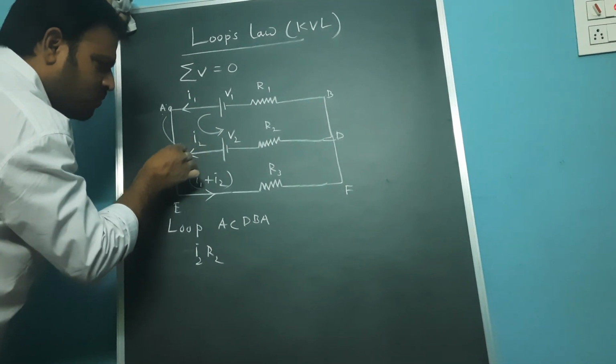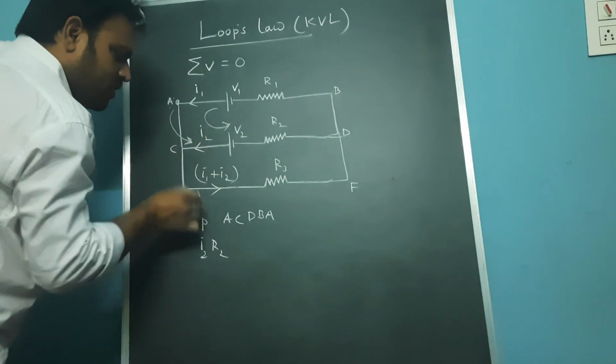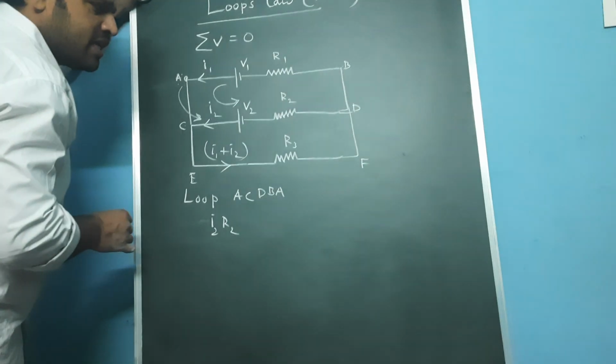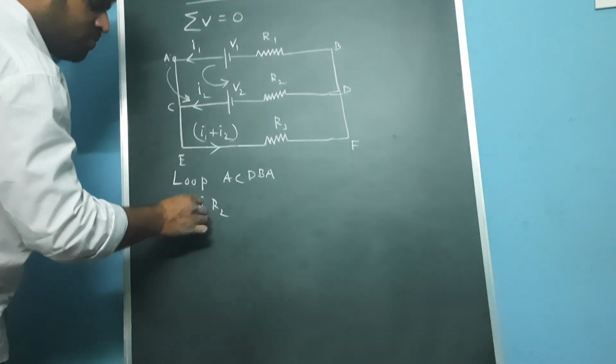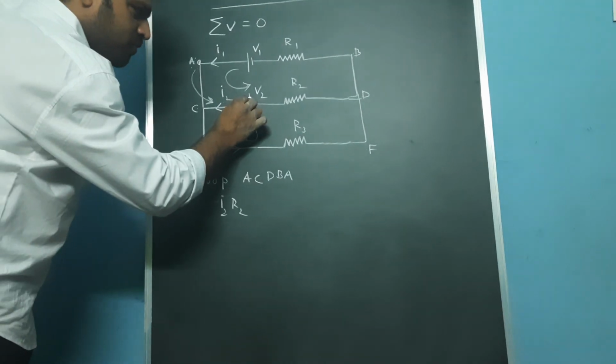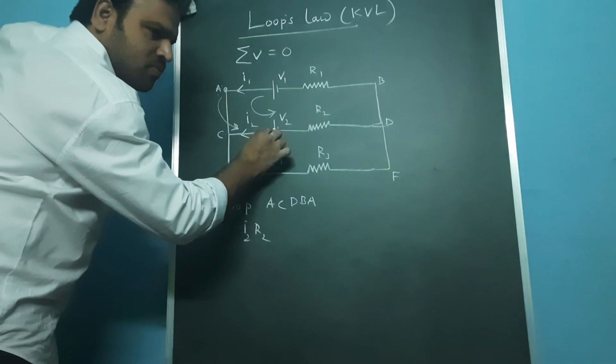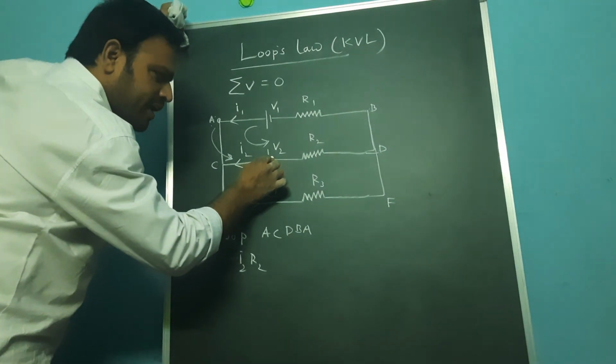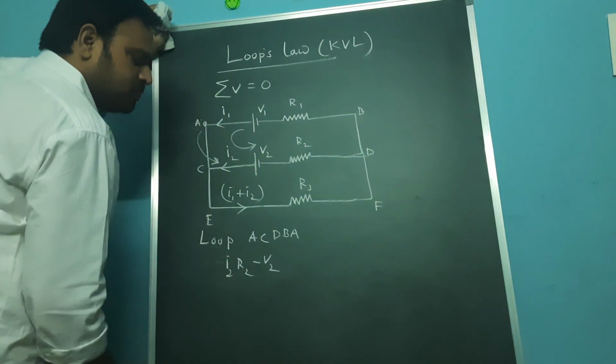When the current direction is opposite to how we are moving, we take positive sign. In the same direction we take negative sign. So plus I2 R2, and for this EMF, it is positive to negative, so minus V2.